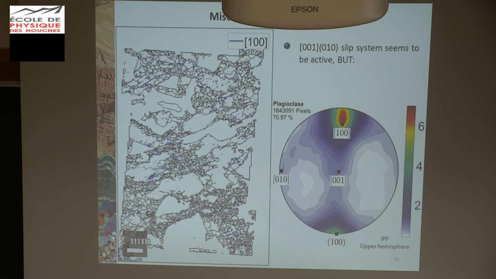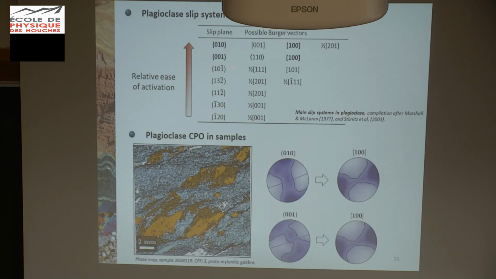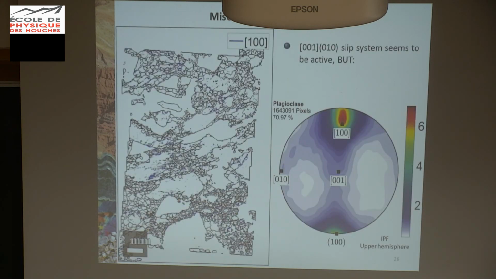So it means that this slip system, which is the most commonly observed, is active in samples, but is not a main one because we see a lot of misorientation which is still on the axis, corresponding to a dislocation density which is still here. So the slip system is not sufficiently active to evacuate all the dislocations that are in the rotation misorientation axis.